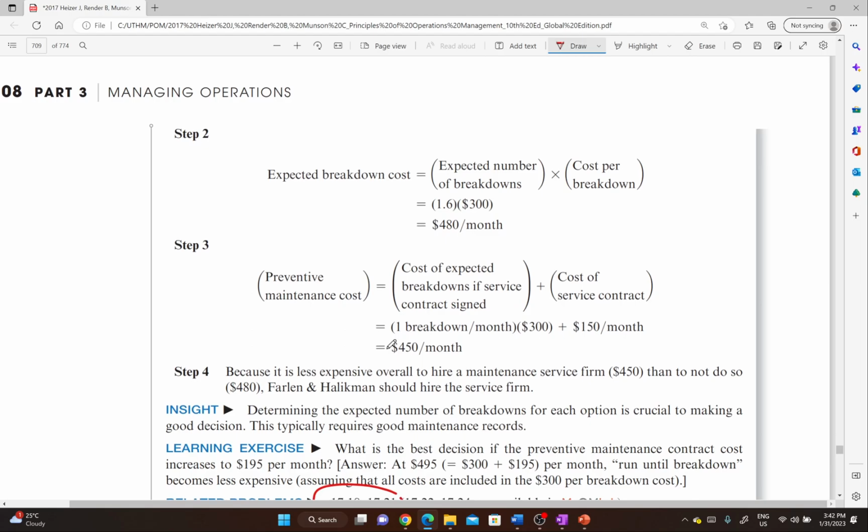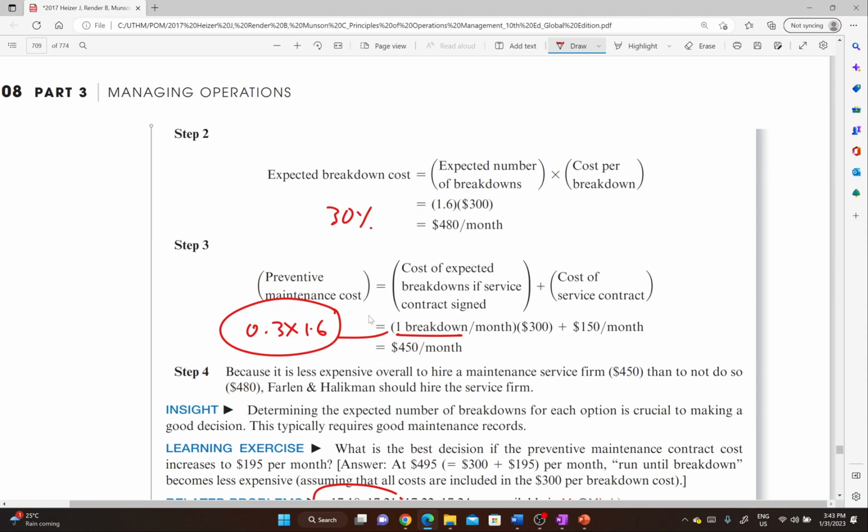If you take that preventive measure, is it going to reduce the breakdown? Sometimes they give you a percentage, sometimes the number itself. Let's say they say if you take this preventive maintenance contract, your expected value will reduce by 30 percent. So what is the new breakdown? You multiply 0.3 times 1.6, and that is your new breakdown.